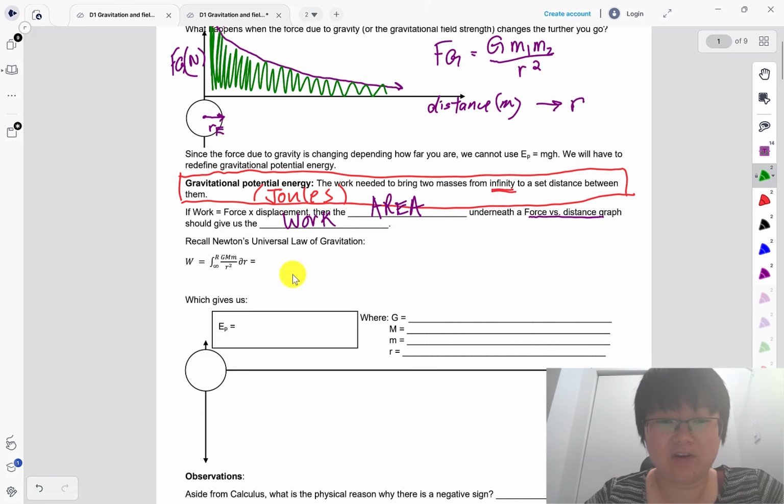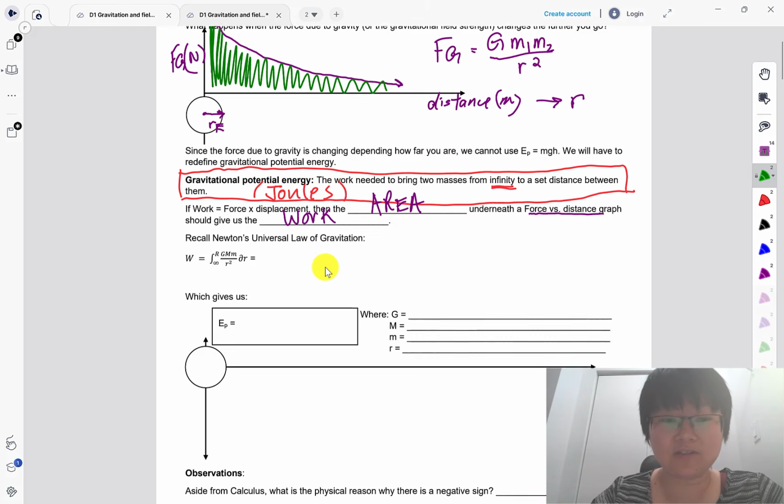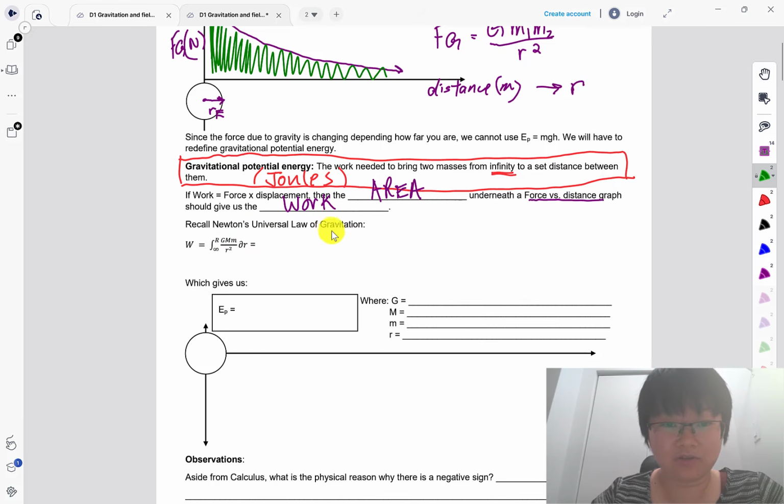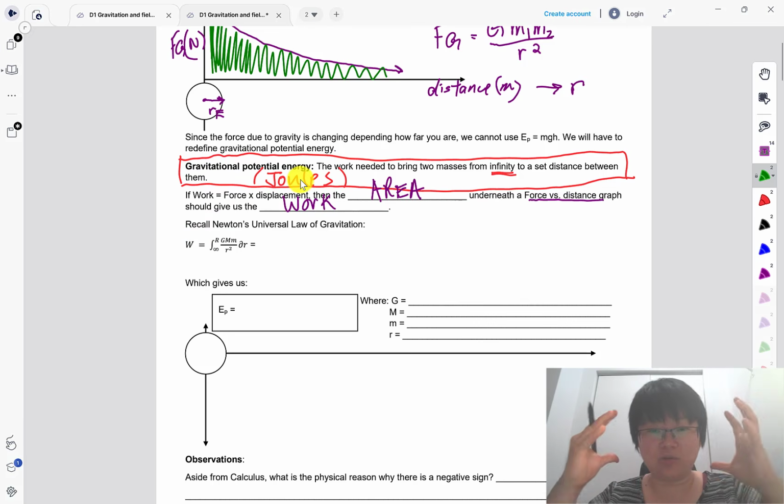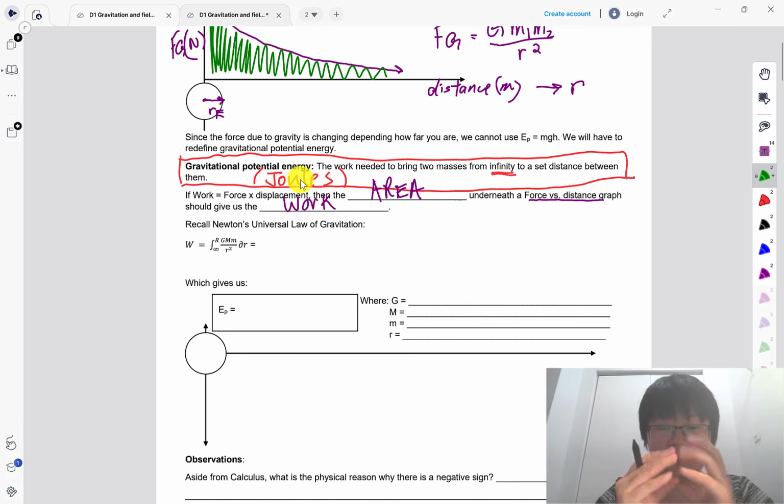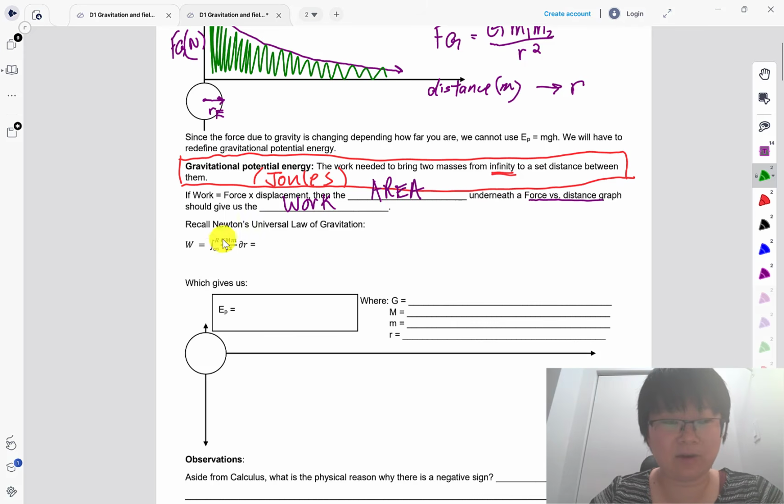In this part of the video, I assume that you know some basic calculus in terms of integration, and also the antiderivative of certain functions, such as Newton's universal law of gravitation. So here I have the work done, which by definition, gravitational potential energy is the work done needed to bring two masses from infinity to a set distance apart.